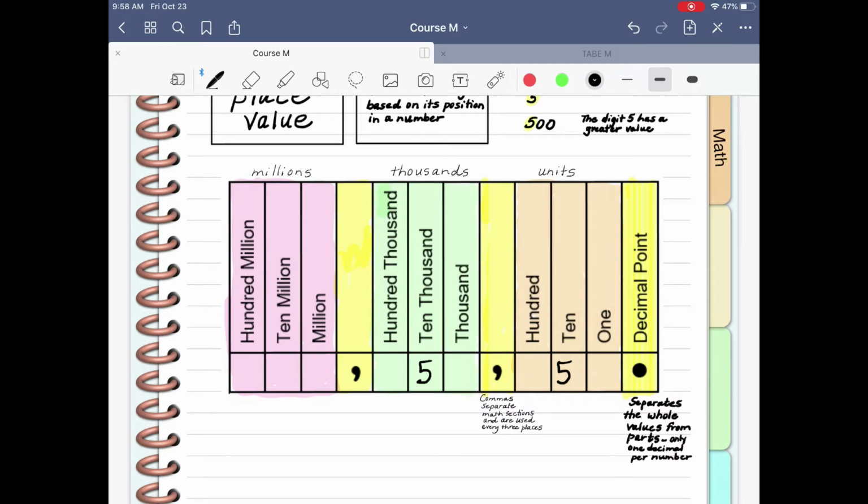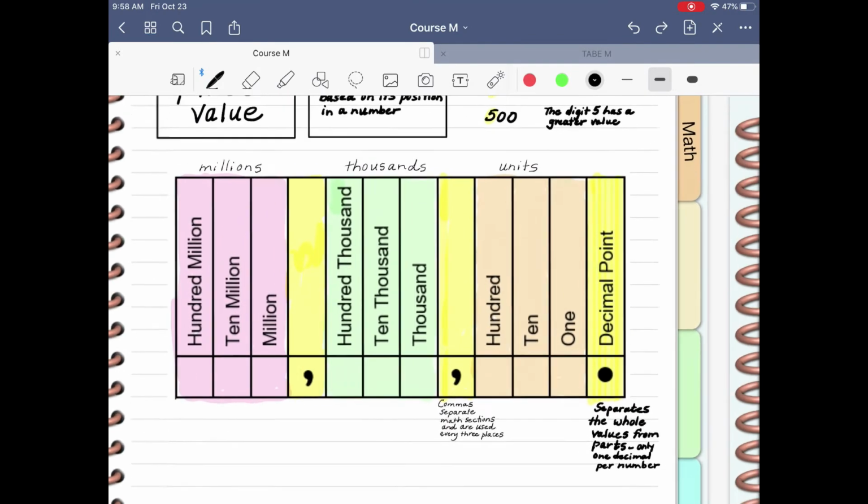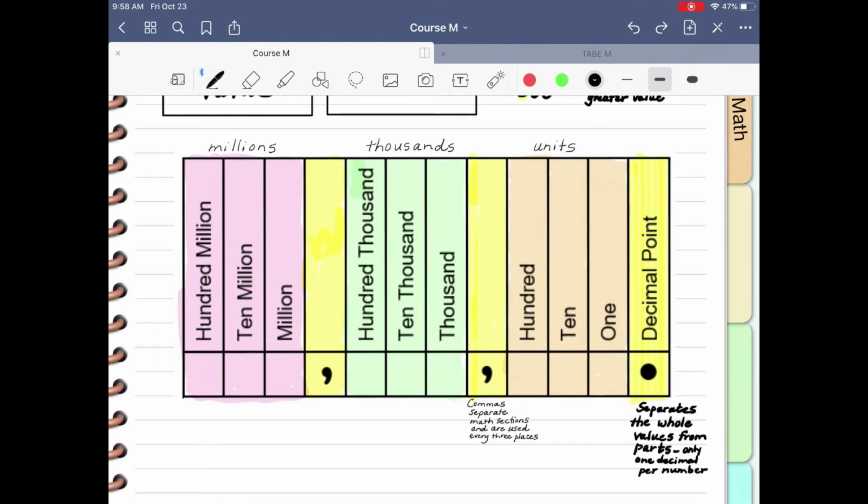So you see how I'm putting the 5s in there, in the tens or the 10,000. It's the same digit, but by changing its place in the number, I'm changing its value in the number. And that's what this lesson is really about. Understanding the places and the values that are associated with those.